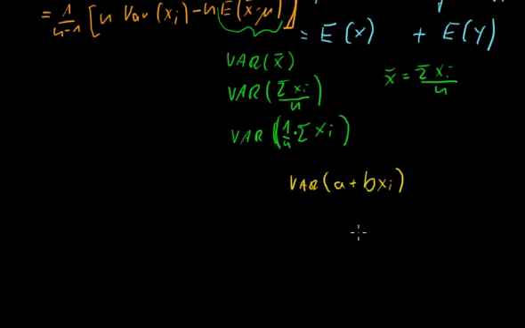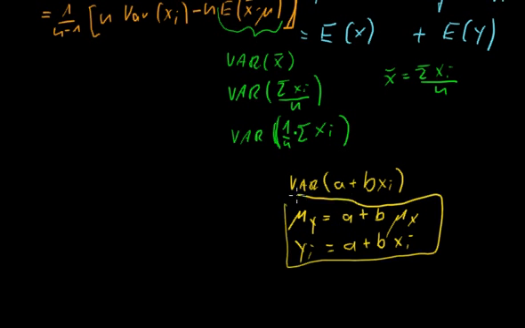And what we need is two more things: the mu from the transformation transforms as a plus b mu x, and the single expression y transforms as a plus b xi. This is the linear transformation thing, and we see you in the next video.